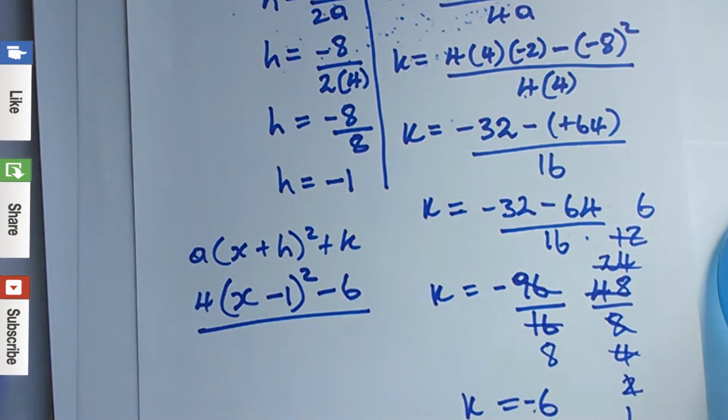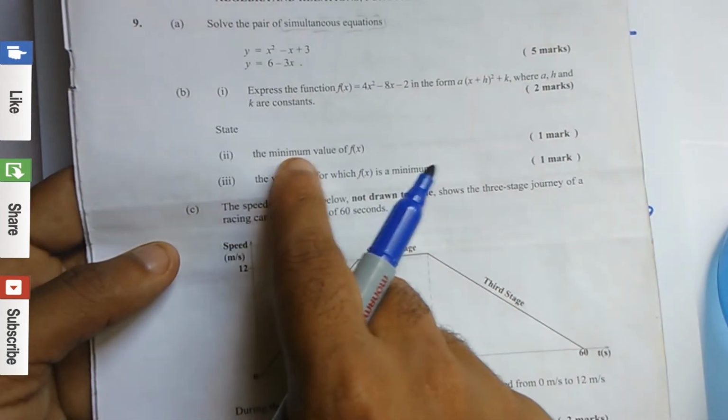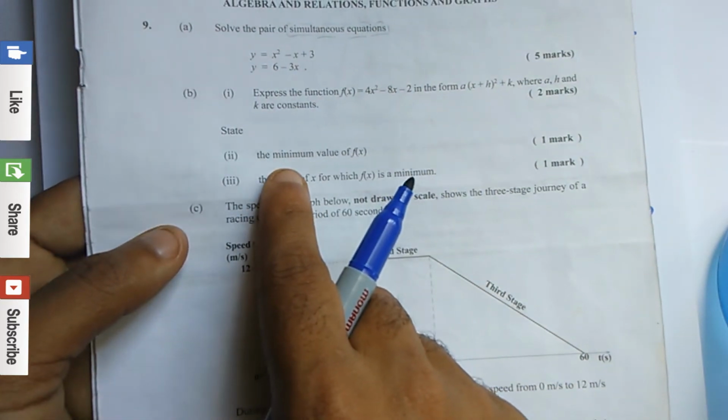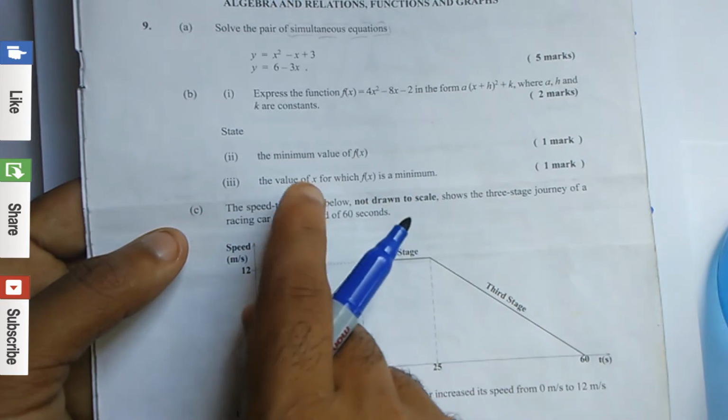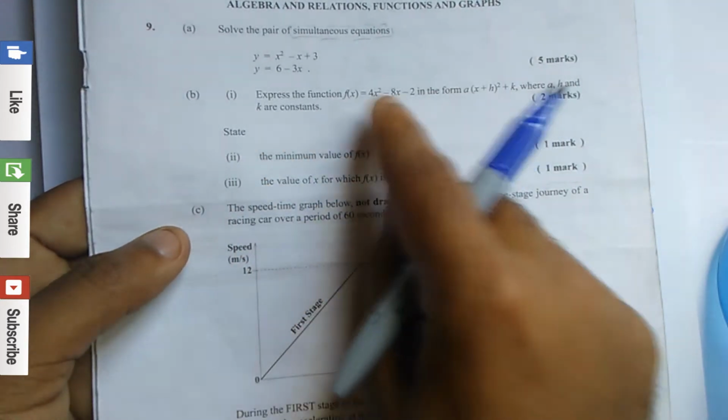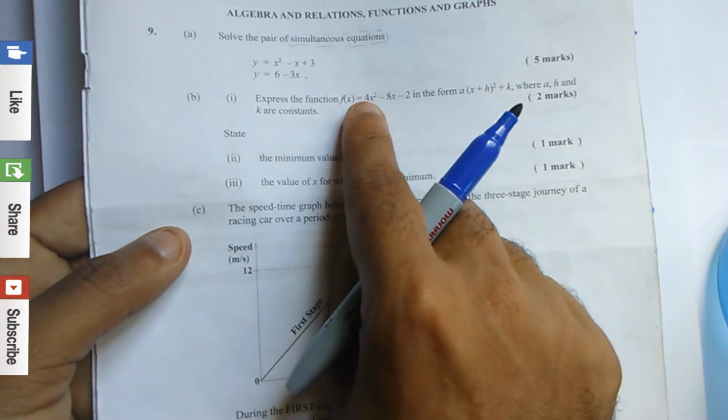Now the follow-up question on this paper says state the minimum value of f of x. To determine if a function has a minimum or maximum value, we need to pay attention to the coefficient of x squared.